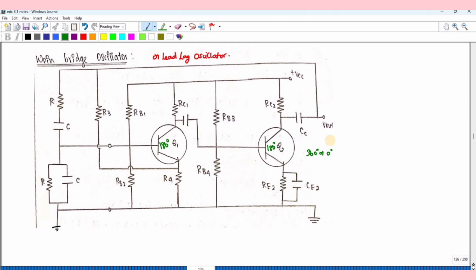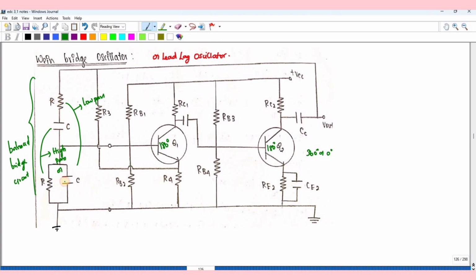Here we have a balanced bridge circuit. So here we are having R and C, and C and R. This R and C is nothing but a low pass filter, and C and R is called a high pass filter.